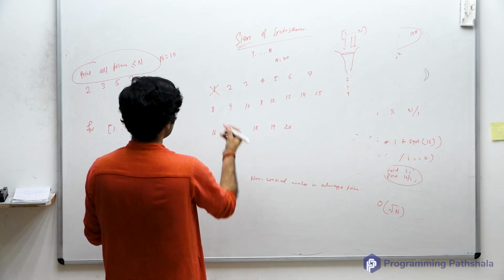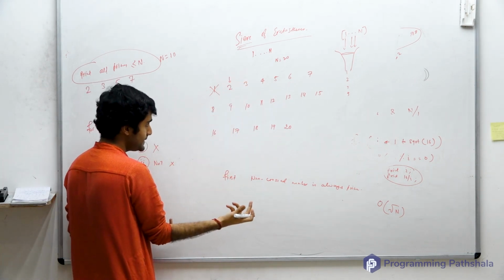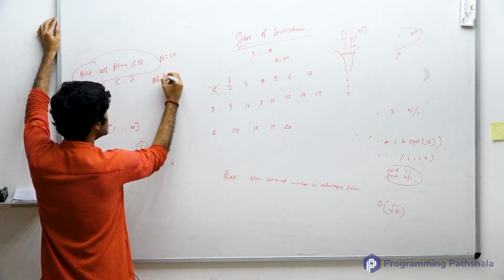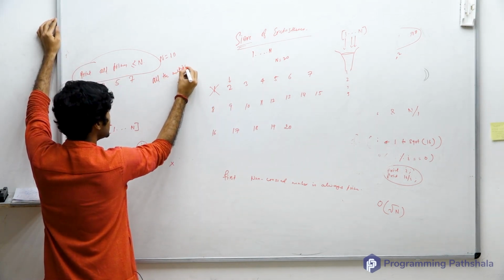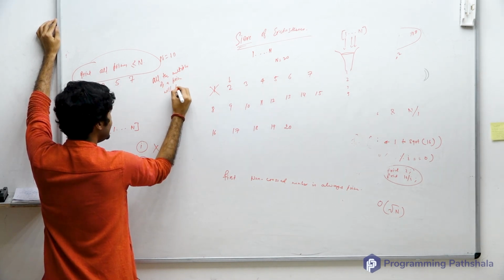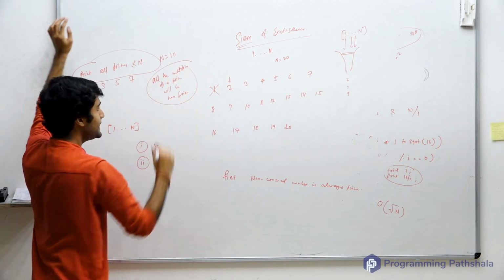Now what happens when you encounter a non-crossed number, that is a prime? Can I say that all the multiples of a prime will definitely be non-prime? Can I make this statement?